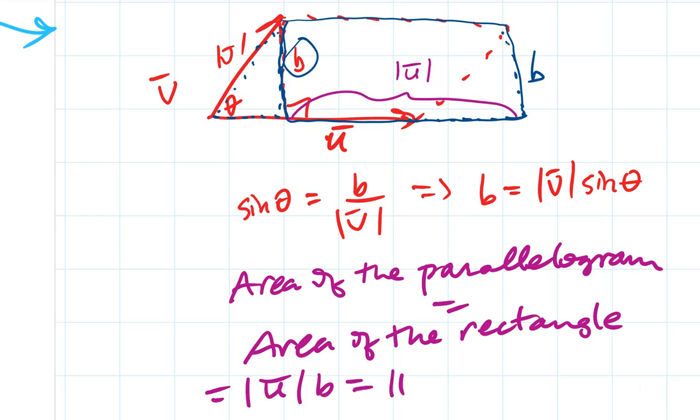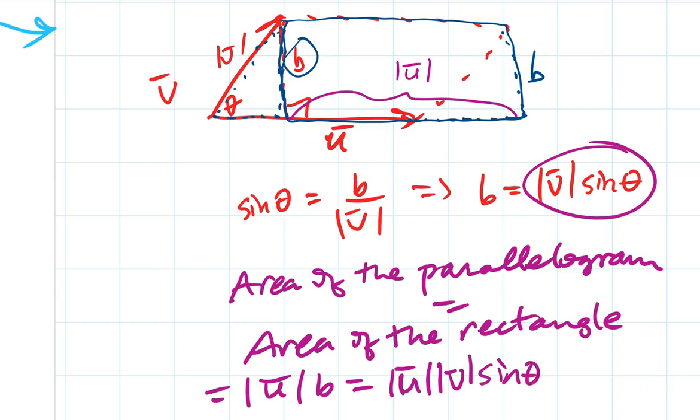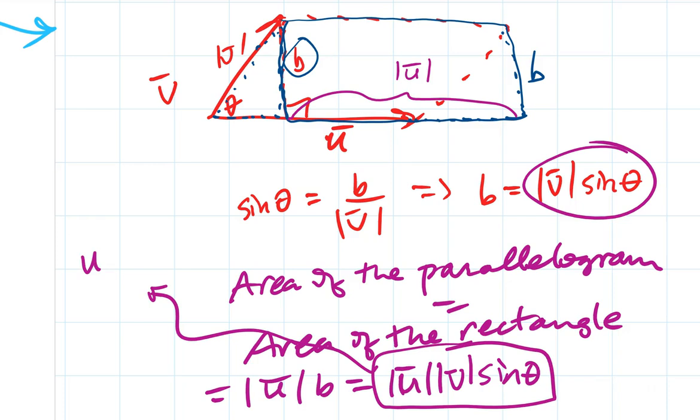But b was v sine of theta. So this is v sine of theta. And this here is the length of u cross v. And so I just have to prove these two are equal, the length of u cross v. But once I do that, I'm done.